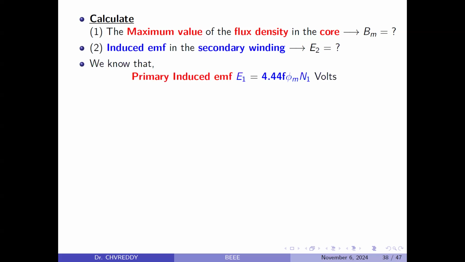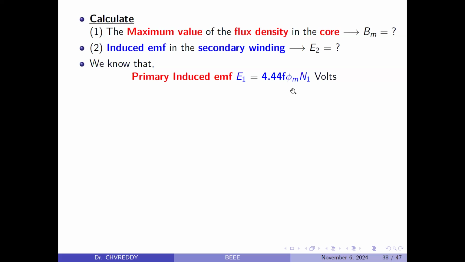We know that primary induced EMF E1 equal to 4.44 F phi m into N1. Why I consider primary induced EMF here: in the given data, E1 value is available, F value is available, N1 value is available.